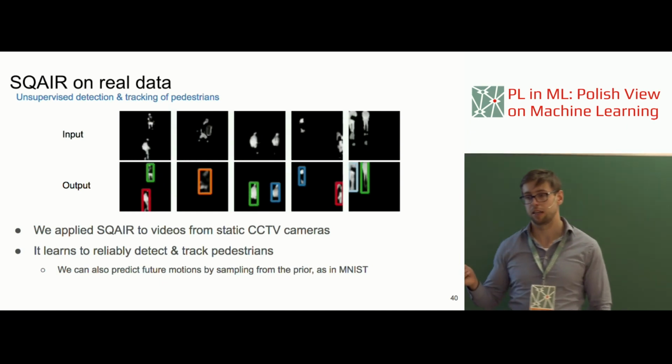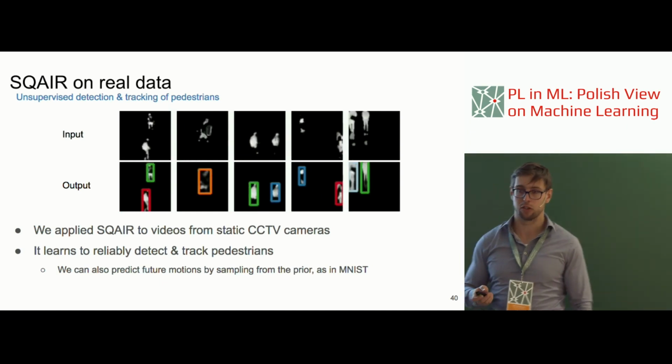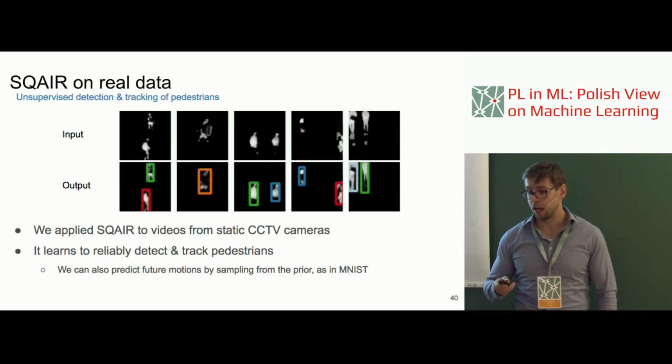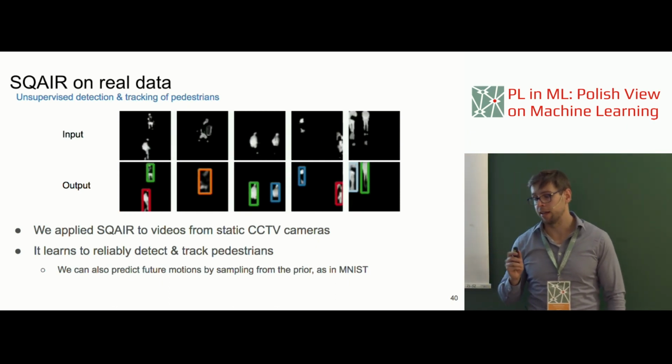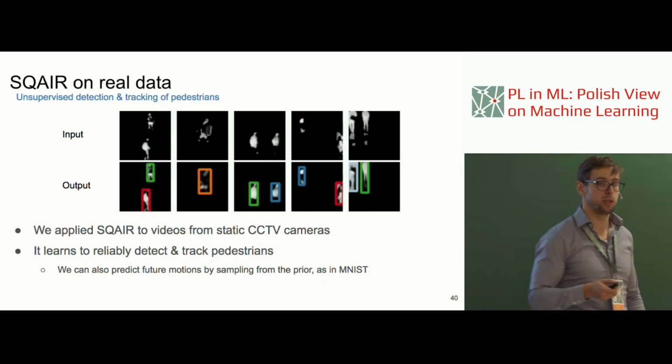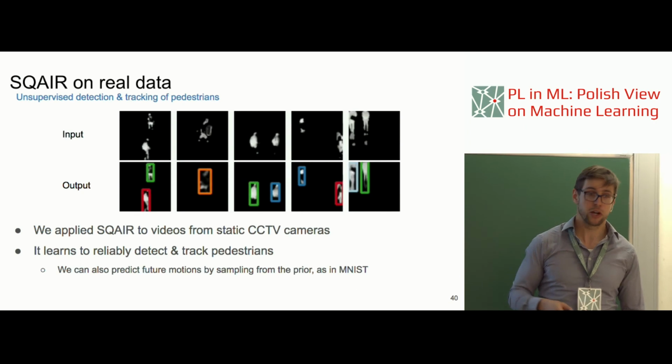So this is data taken from static CCTV cameras on a university campus at Duke University in the US, and we used just common background subtraction techniques from OpenCV to subtract the background.